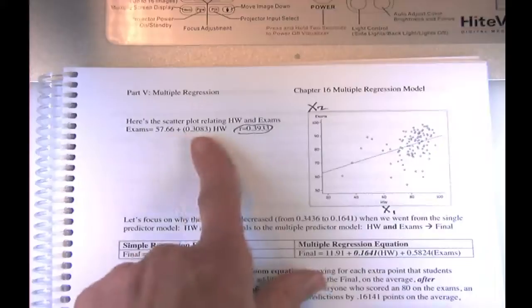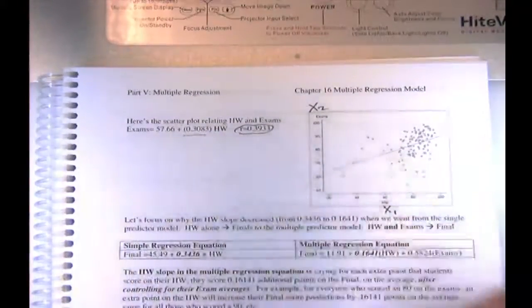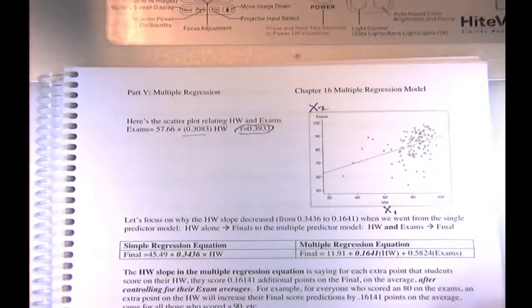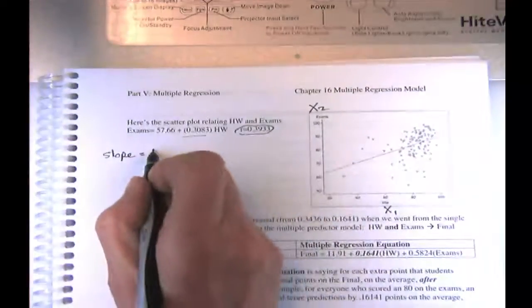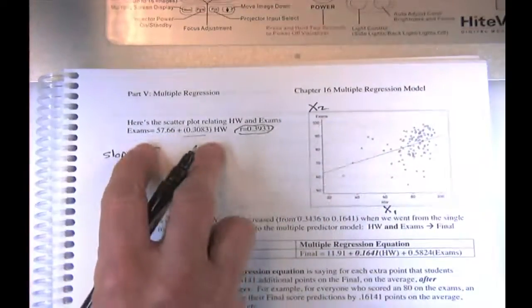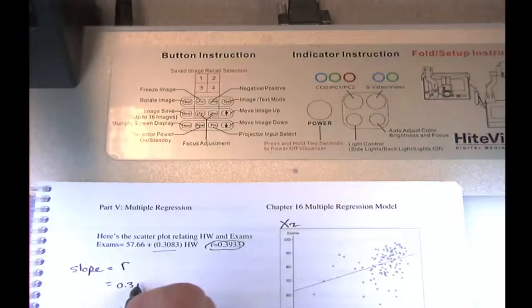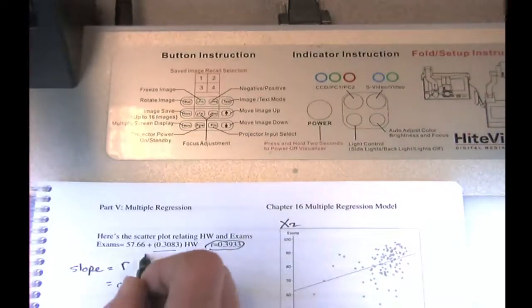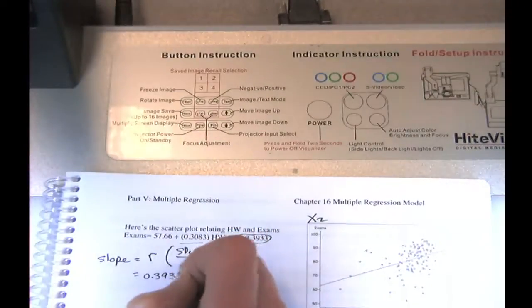And just to remember how you get this slope here, let me just, in case you forget. How are we getting all of these slopes? It's the correlation coefficient between homework and exams, 0.3933, times the ratio of the standard deviations, SDY over SDX.